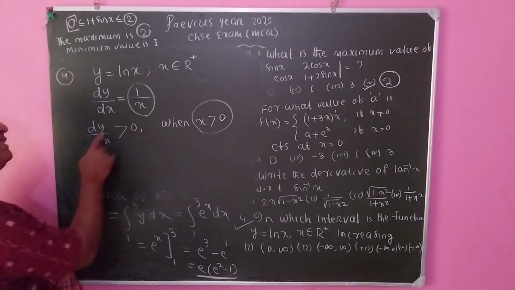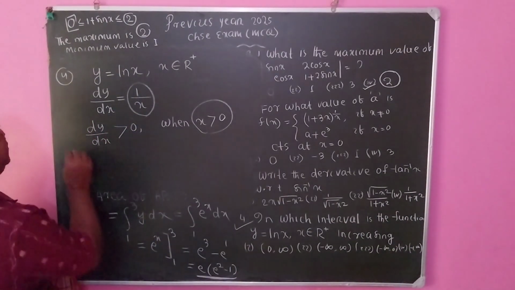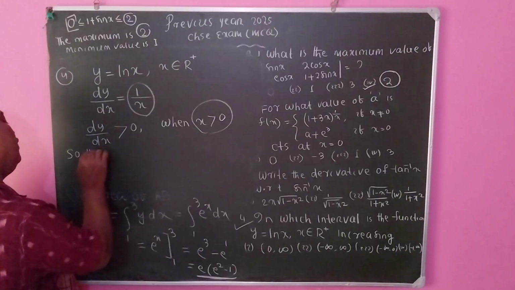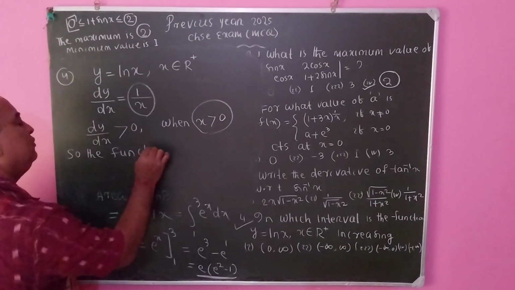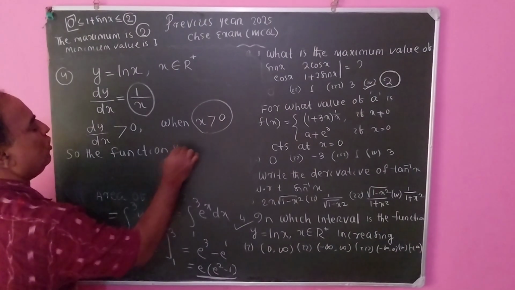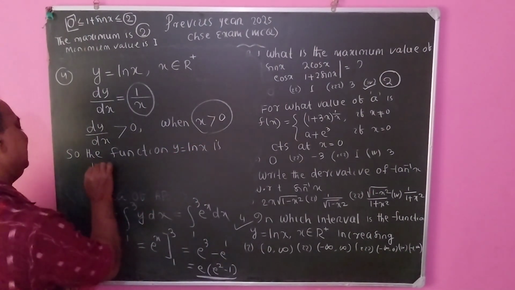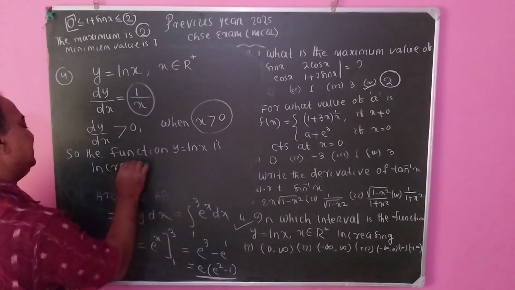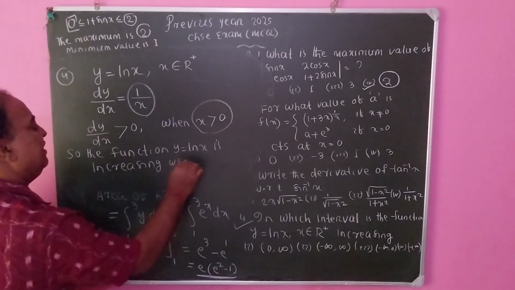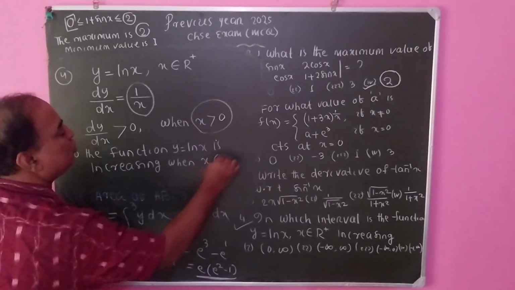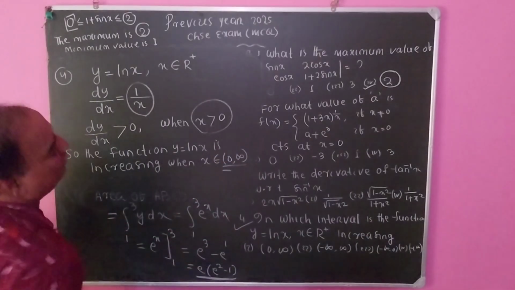Dy dx greater than 0 means the function is increasing. So the function y is equal to ln x is increasing when x belongs to 0 to infinity. This is the interval form.